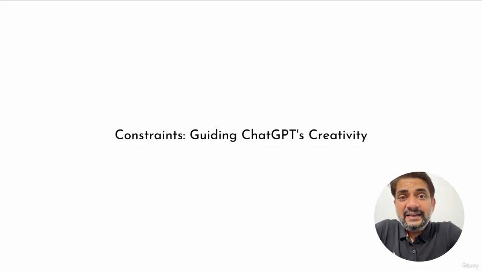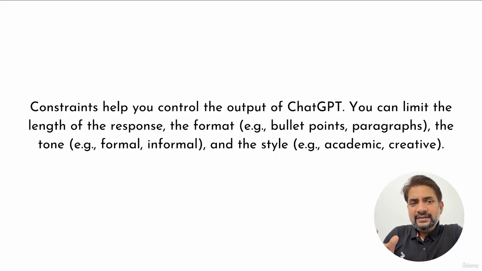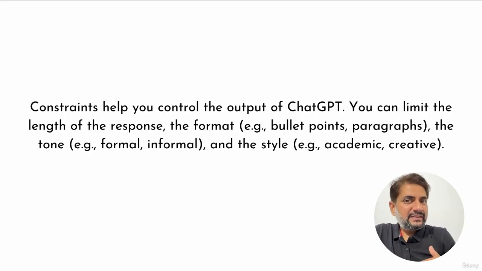Constraints. Guiding ChatGPT's creativity. Constraints help you control the output of ChatGPT. So you can limit the length of the response, the format, the tone, and the style. So when you are asking ChatGPT to write an essay on climate change, you also add a constraint that this is for a 10-year-old boy, or a 40-year-old person who is a professional or an expert in climate change.